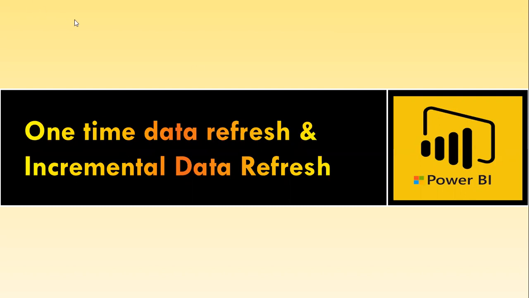So from 2nd Jan onwards, whatever data comes into your source system, even that data should get into your data warehouse. Whatever new data comes in after the one-time load. What is the one-time load? The 5 years of data which I loaded in bulk. That is my one-time data load.